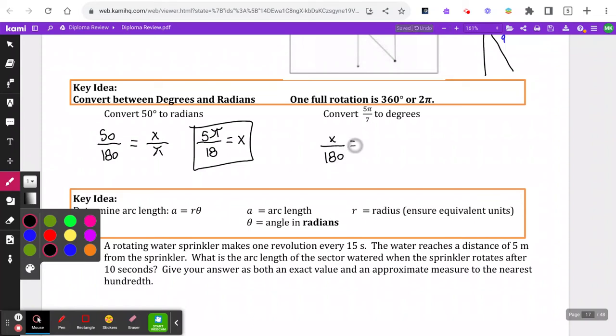I'm doing x over 180 is 5 pi over 7 over pi. You convert that. You get 180 times 5 divided by 7 because those pi's will cancel out. You had 900 over 7.